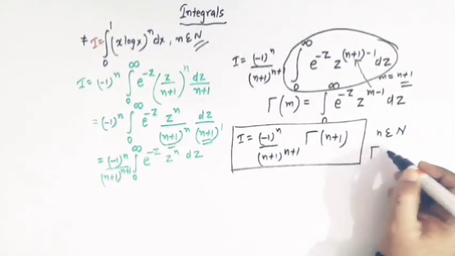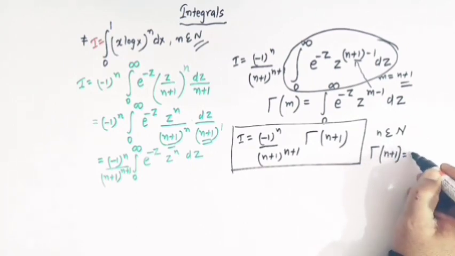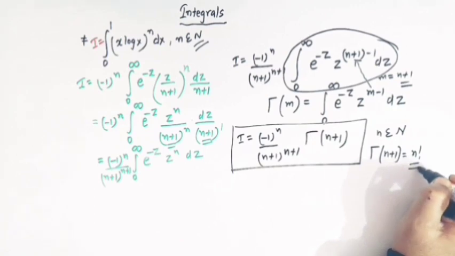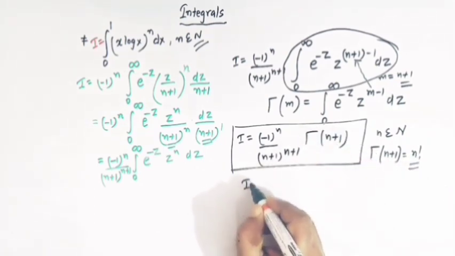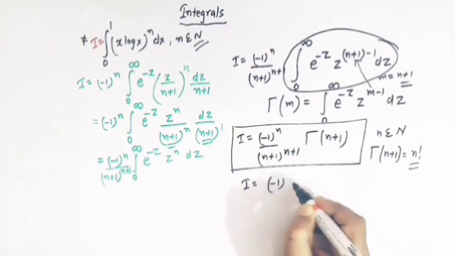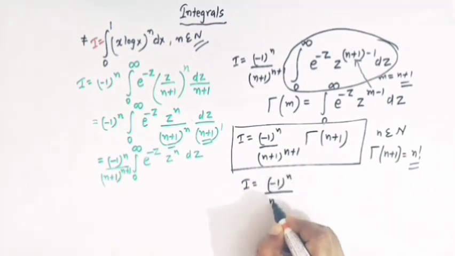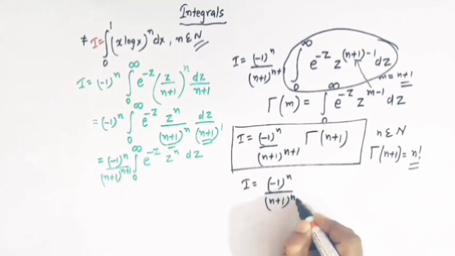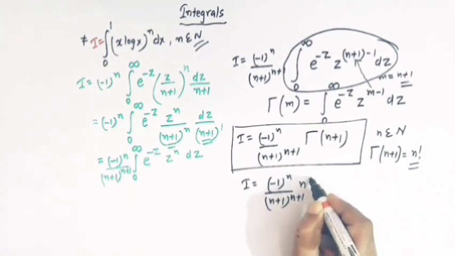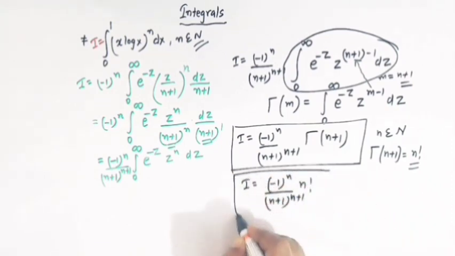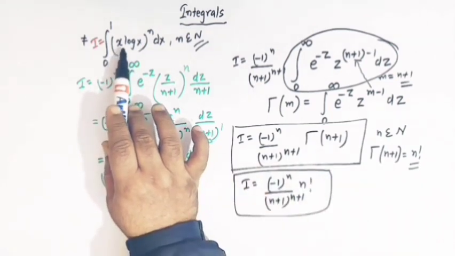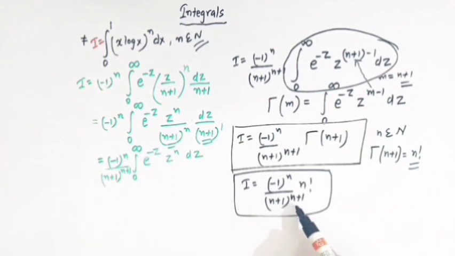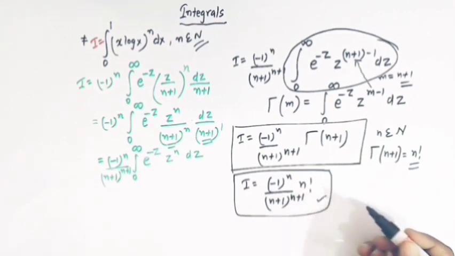So by definition, we can write gamma of n plus 1 is equal to factorial n, right? So we can replace gamma of n plus 1 by factorial n. So we have I is equal to minus 1 raised to n, n plus 1 raised to n plus 1, and here we have factorial n, right? So the final value of this integral is given by this expression, right?